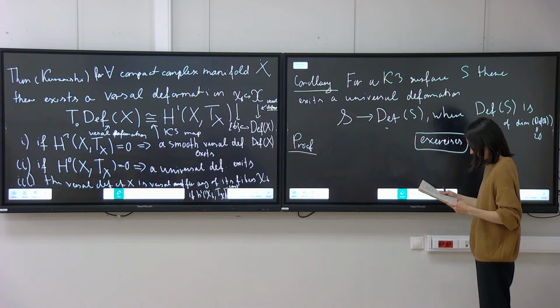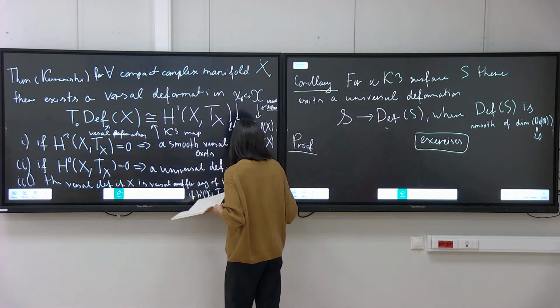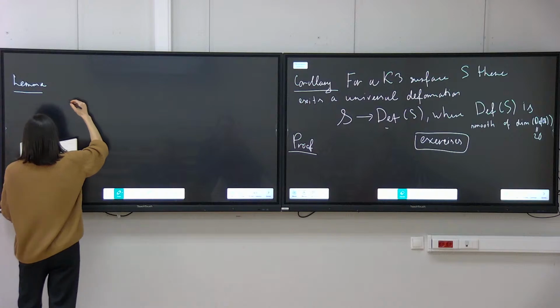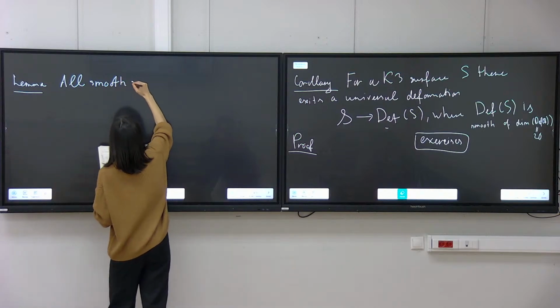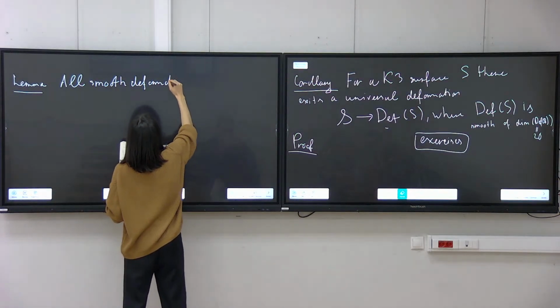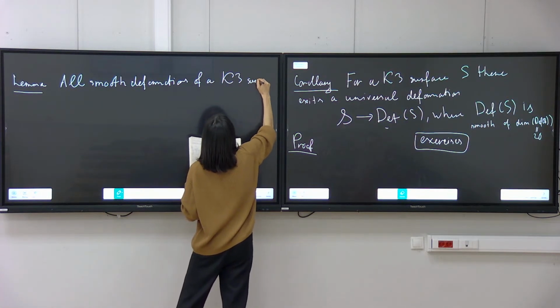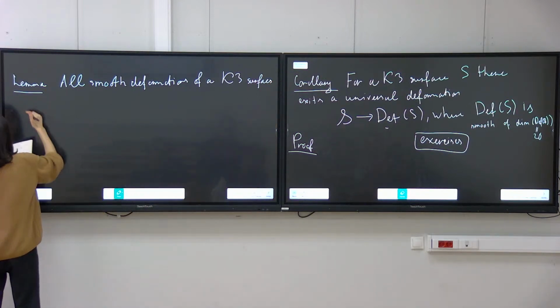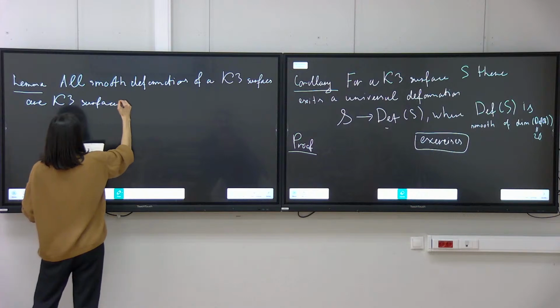Okay. And now let me prove the following statement that is more difficult for K3 surfaces: that in fact all smooth deformations of a K3 surface are K3 surfaces.